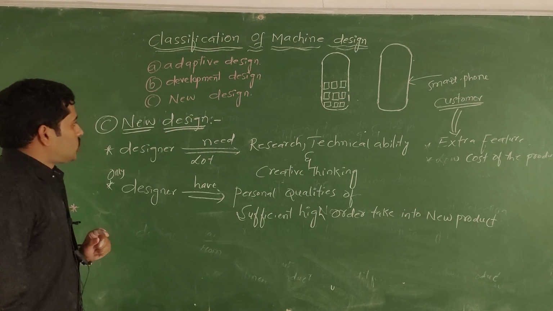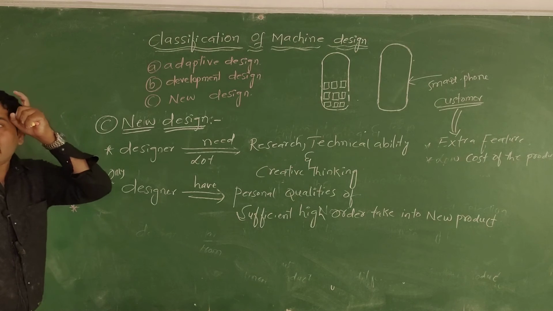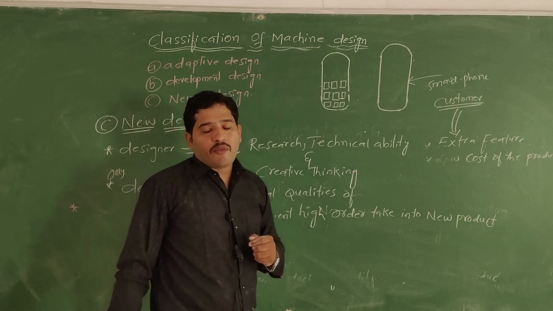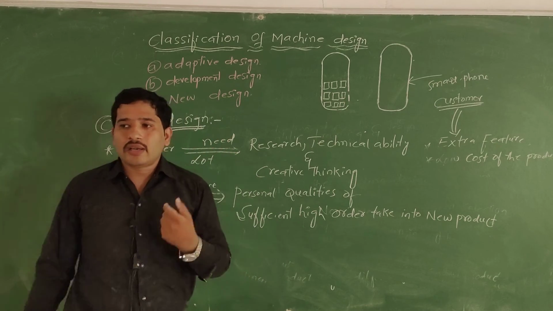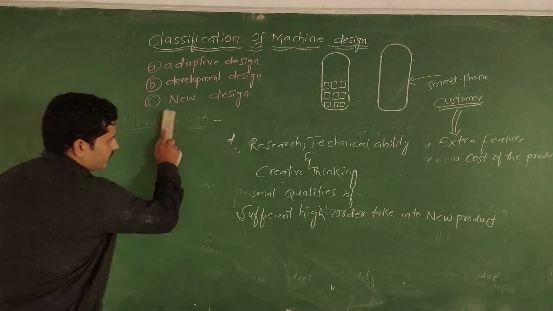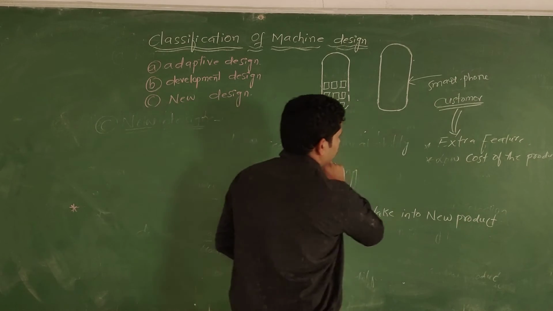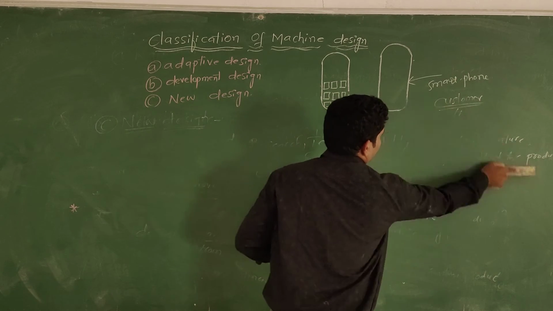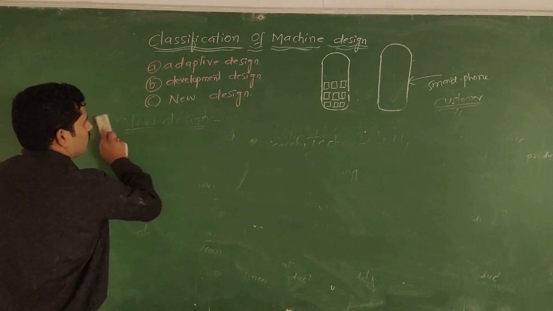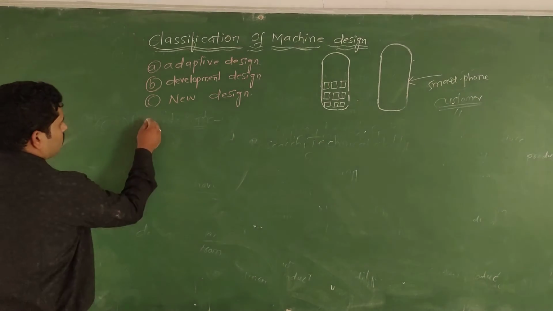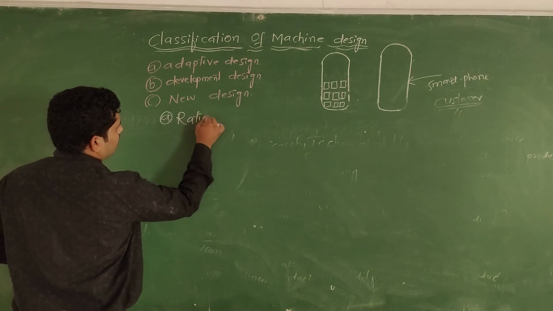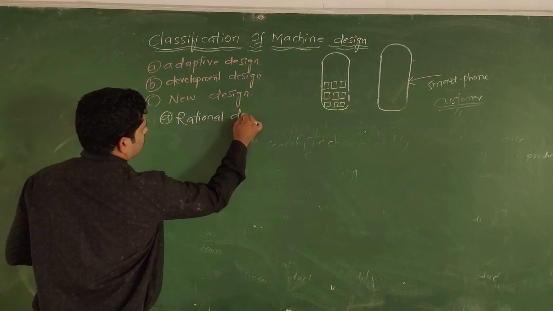Is it right? So the new design is broadly classified into several types. The first one we are going to discuss is the rational design.